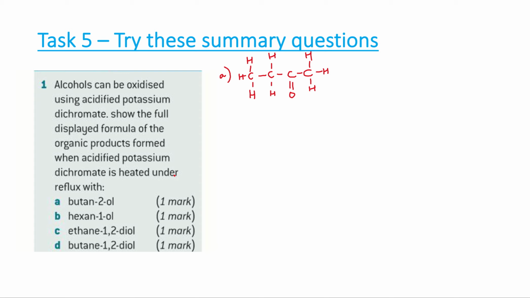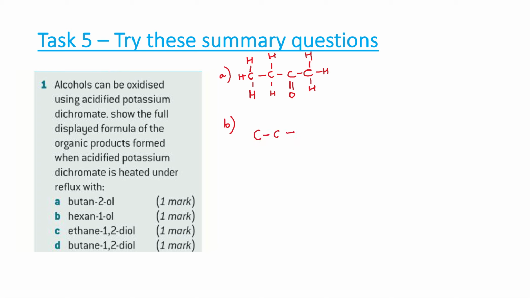B is hexan-1-ol. Hexan-1-ol is a primary alcohol, and if we undergo oxidation under reflux conditions, we're going to form the corresponding carboxylic acid.